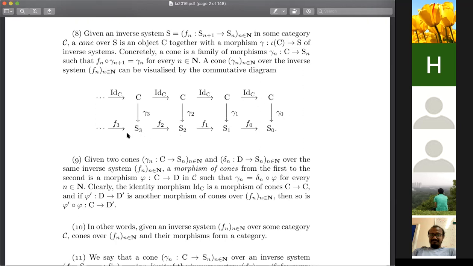The S's are also commutative rings, but these F's are morphisms of commutative rings. And so a cone over the inverse system S is just a morphism from this sort of trivial inverse system to the given inverse system. That's what a cone over this inverse system is. It's a morphism. All these squares commute. Okay.